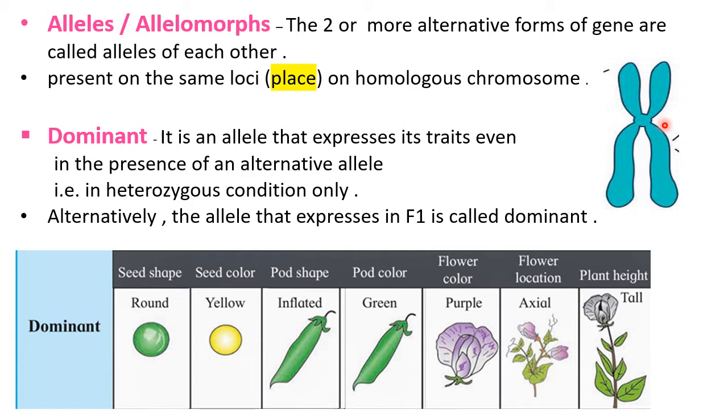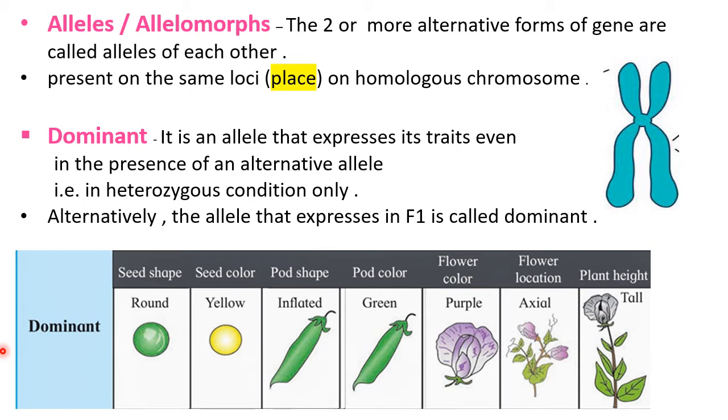Now the next term is dominant. It is an allele that expresses its trait even in the presence of an alternative allele or gene, that is, in heterozygous condition.